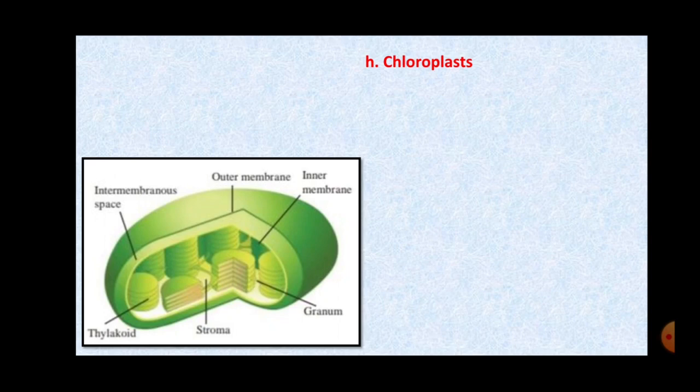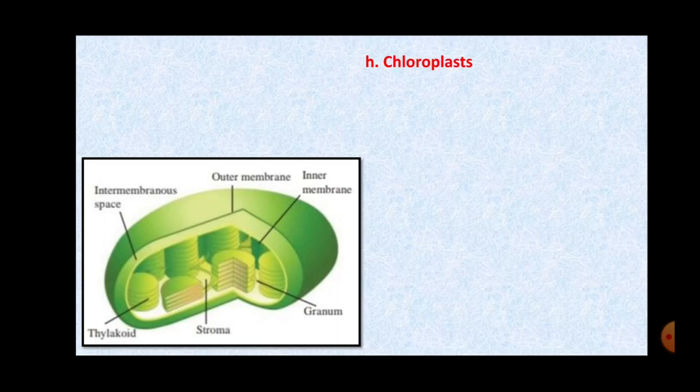Now, if you remember, in mitochondria, I told you that DNA or the genetic material is present. And the second organelle in the cell is plastid, in which the genetic material DNA is present. So these two organelles can replicate themselves as they have their own DNA or genetic material.